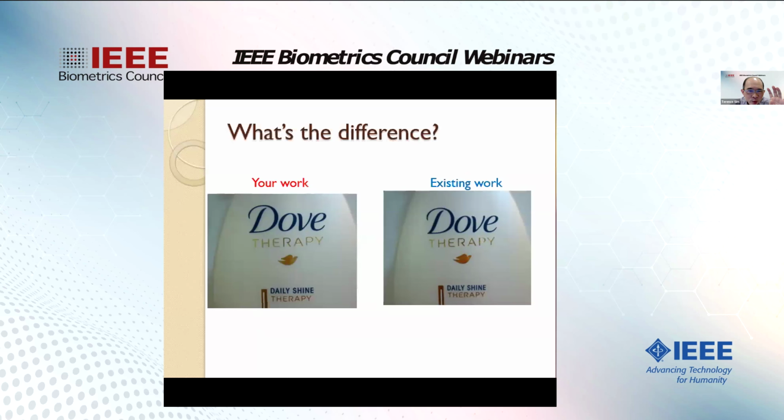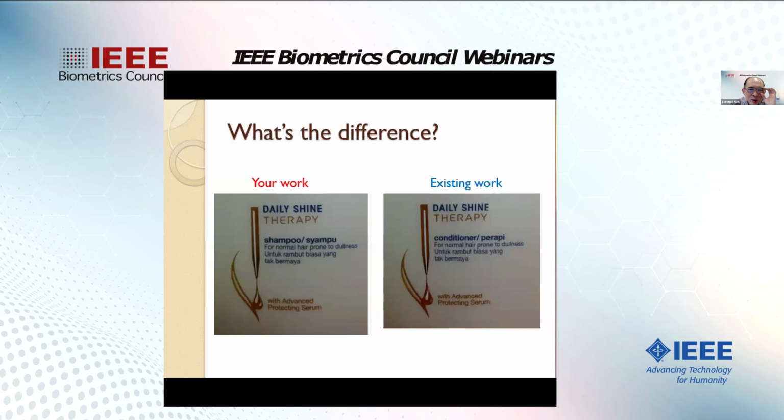And then you zoom in and look at this. Now you're at font size 9, very small font. Do you see the difference now? Yes. One is a shampoo and the other is a conditioner. Good grief. You have to look at font size 9 to see the difference.